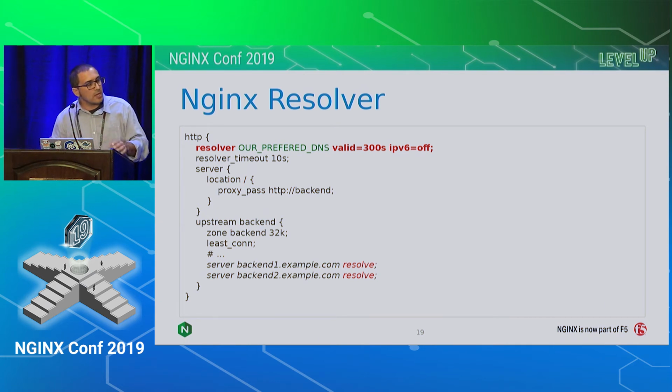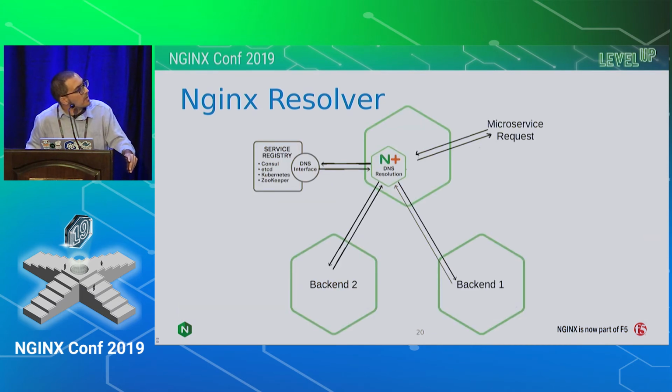So we have to involve some configuration in our DNS because NGINX is not going to do this kind of change for us. This is a quick schema of how it works. So every time we do a request, we will try to get one of the backends that are received from the DNS query.